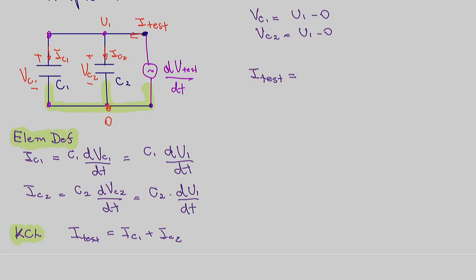IC1 is C1 dU1 dt plus IC2. IC2 is C2 dU1 dt. You see what's happening? How does U1 relate to V test?